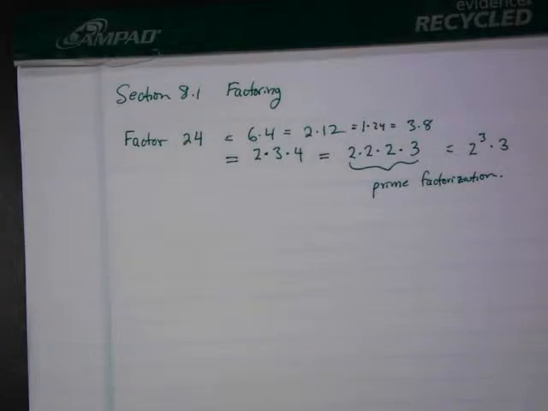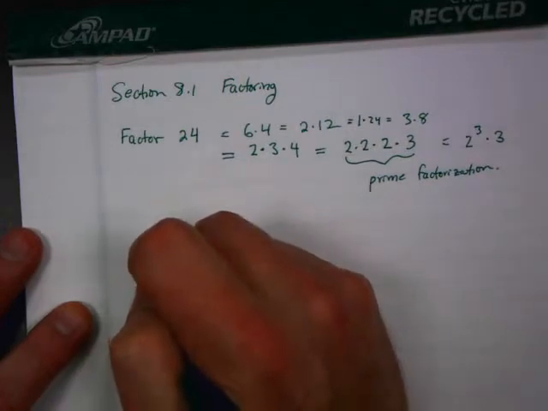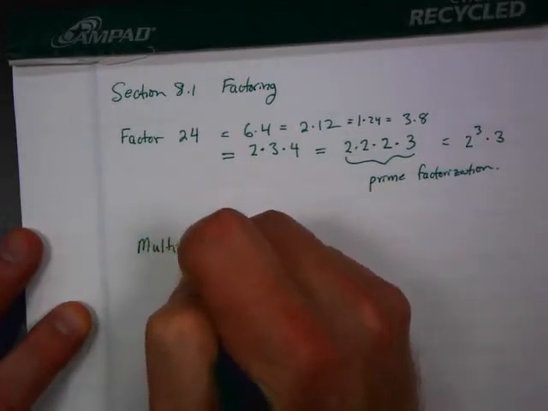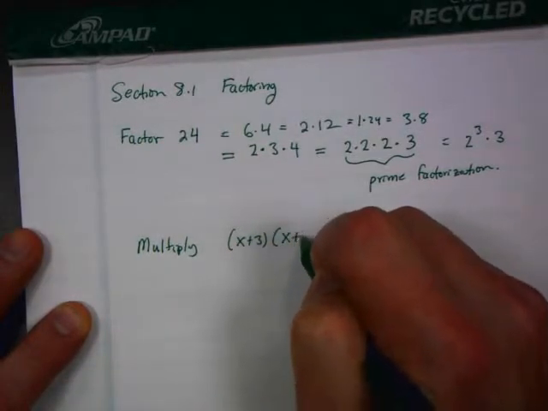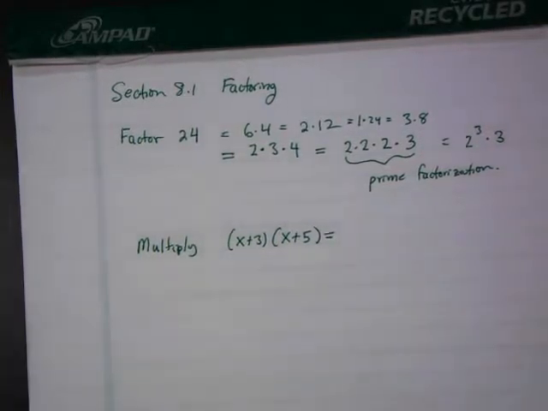Sounds great, doesn't it? Oh, yeah. And this is why we taught you how to multiply. So let's look at a multiply problem first. What if I asked you to multiply x plus 3 times x plus 5? What would you do? You would go ahead and distribute. And you'd have x times x.